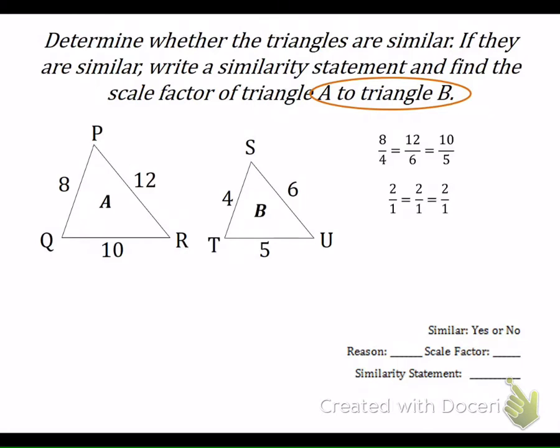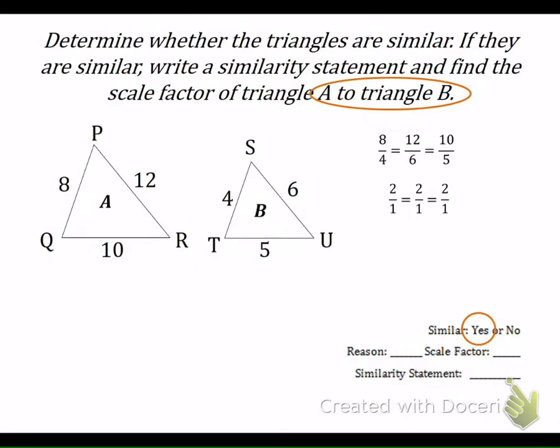So are the triangles similar? Yes. What reason that we just learned? Because they all equal the same thing. What all equals the same thing? The scale factor. Yes. The ratio of the sides. It's going to end up being the scale factor. But yes.